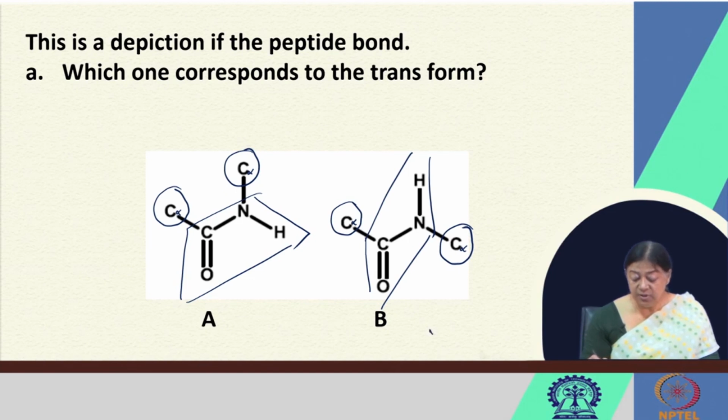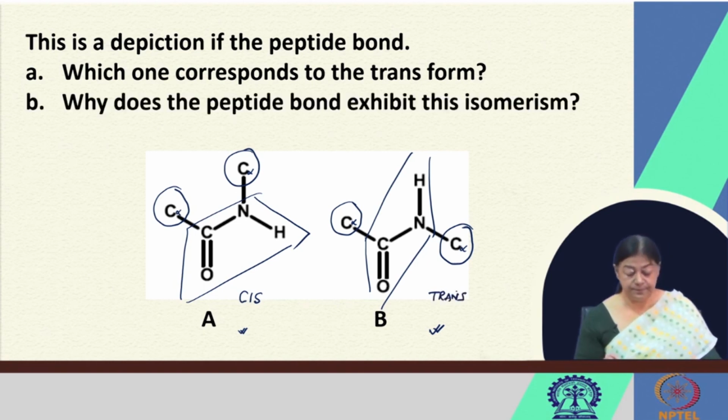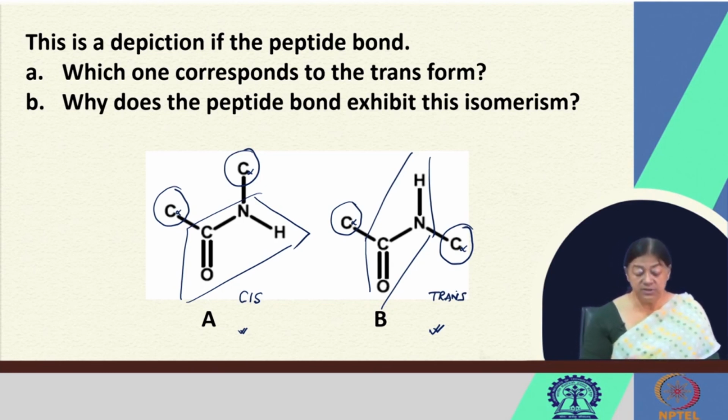For this particular one, we see that they are on opposite sides of the peptide bond. Here, they are on the same side of the peptide bond. So, we know that this is the cis and this is the trans. Why does the peptide bond exhibit this isomerism?